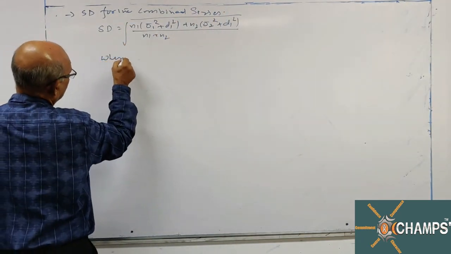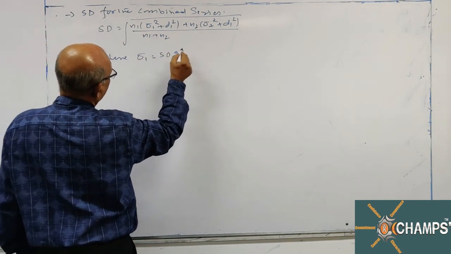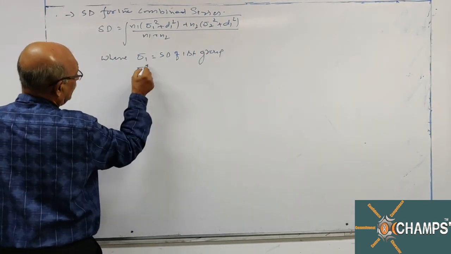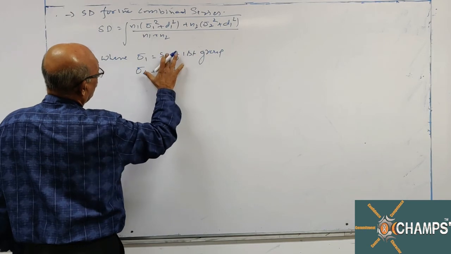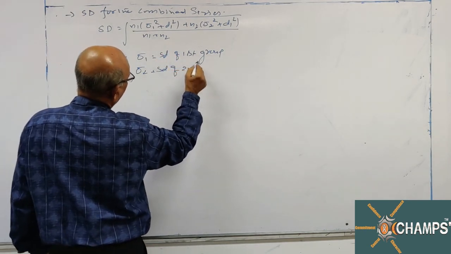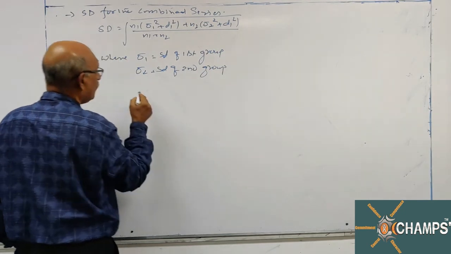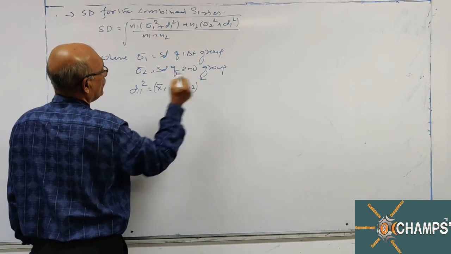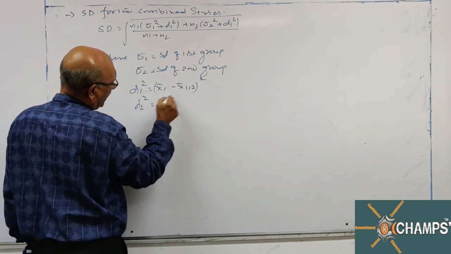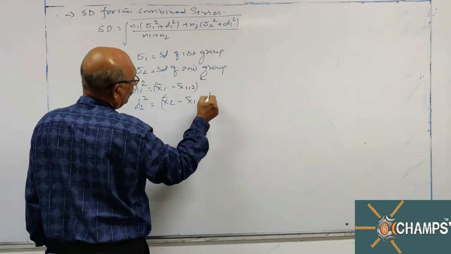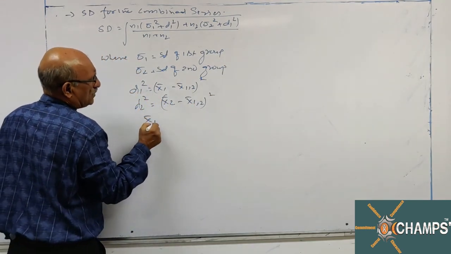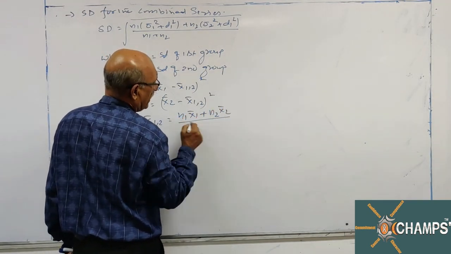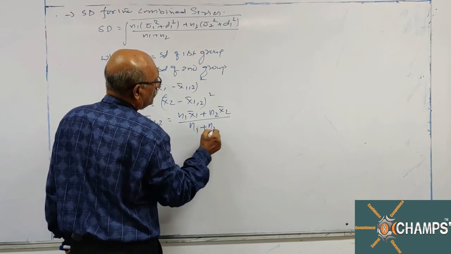Where sigma 1 is equal to standard deviation of first group, sigma 2 is equal to standard deviation of second group, d1 square is equal to x1 bar minus x bar 1 comma 2 whole square, d2 square is x2 bar minus x bar 1 comma 2 whole square, x bar 1 comma 2 is equal to n1 into x1 bar plus n2 into x2 bar by n1 plus n2.